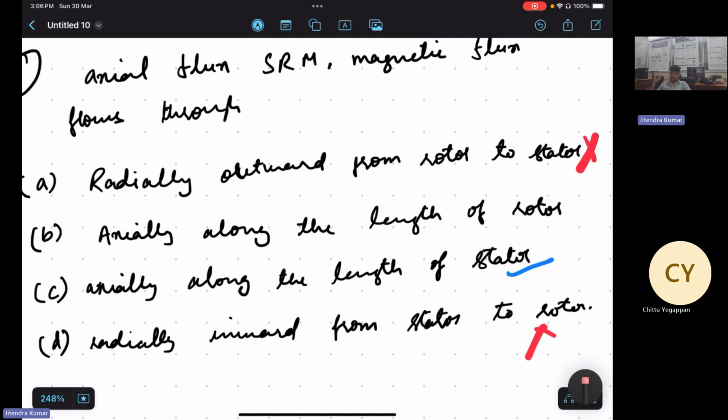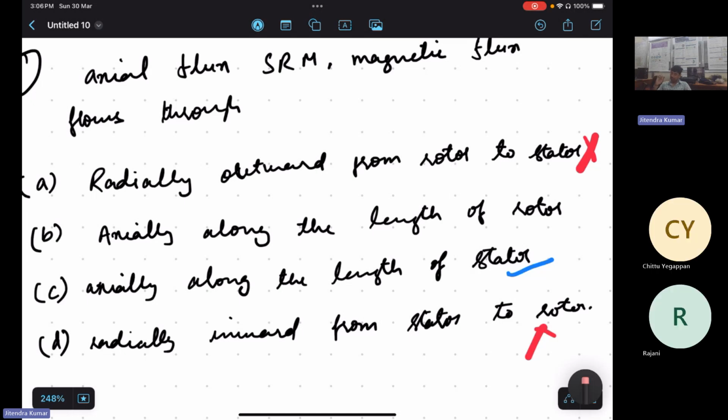It is mentioned that magnetic flux flows axially along the length of the stator, passing through the rotor and back to the stator. So in the reasoning also it is mentioned the same.